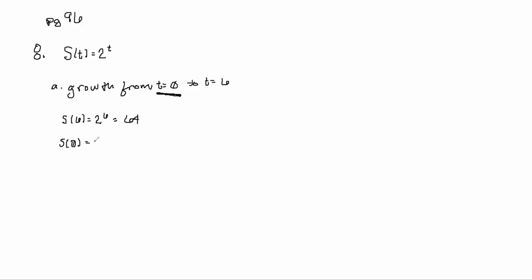At time 0, going back with the information, it would be 2 to the 0, which is equal to 1. So what is the total change in the tumor size? 63 cubic millimeters.